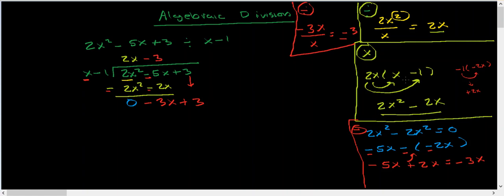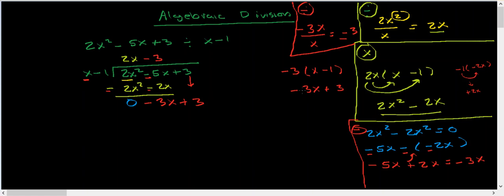So the next is the multiplication phase. So we have to multiply minus 3 by x minus 1. So minus 3 by x gives us minus 3x. Minus 3 by minus 1 gives us plus 3. Okay, so this is our answer.